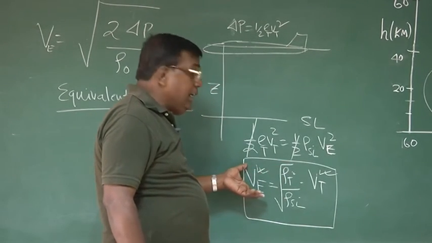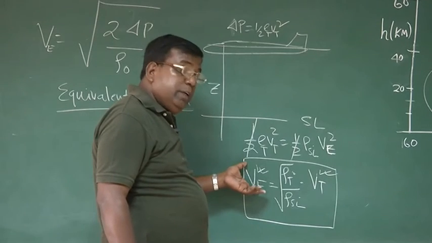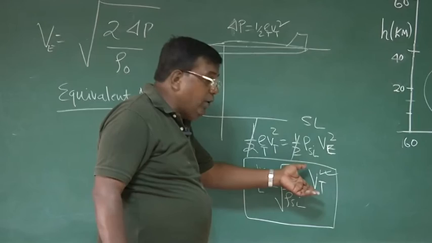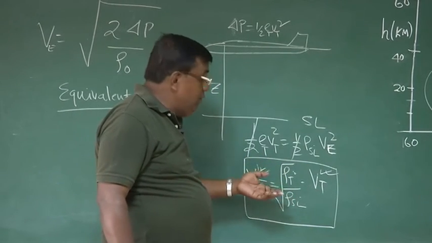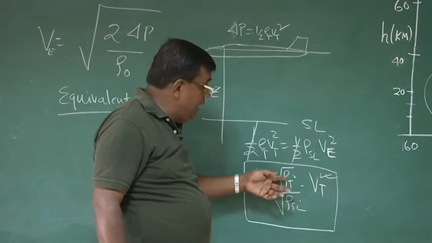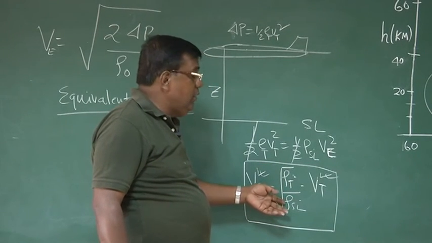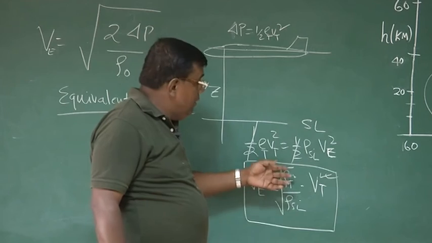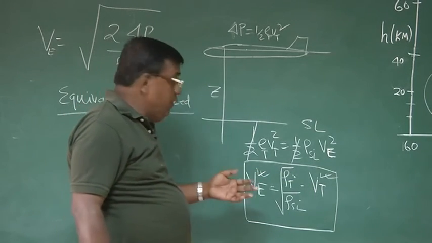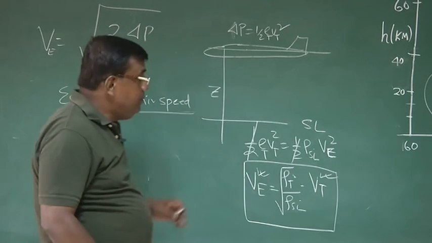The airspeed indicator will give us equivalent airspeed. But if I want to find out the true airspeed, I simply want to know the density of air at the altitude the airplane is flying and the density of air at sea level. With this ratio, I can find out true airspeed once I know equivalent airspeed. Okay?